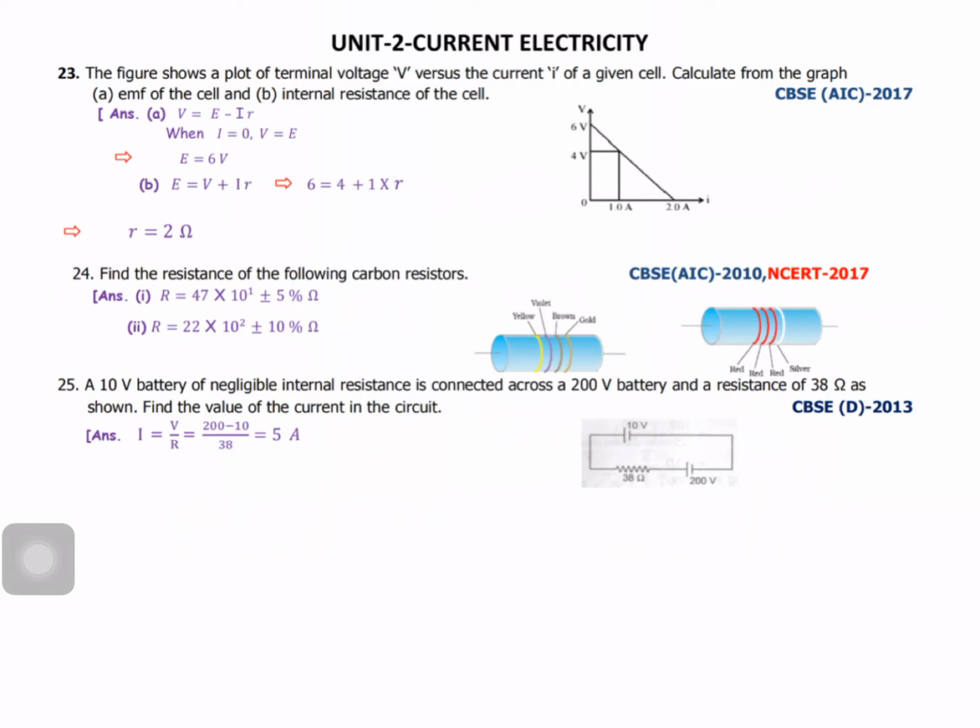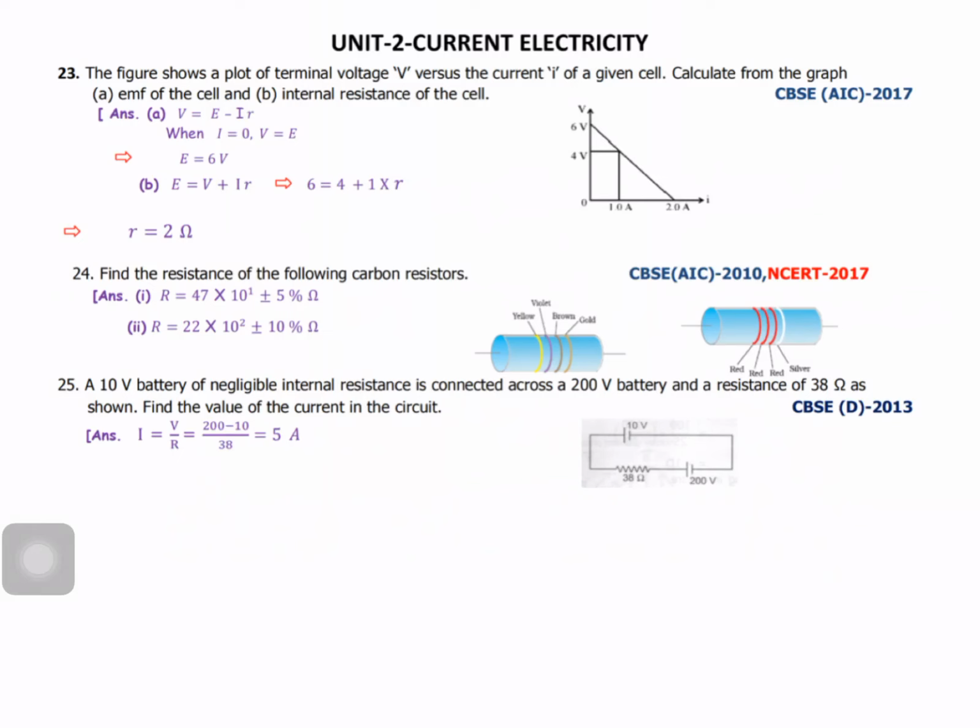Yellow corresponds to 4, violet corresponds to 7, and brown corresponds to 1. The third band gives the number of zeros, so 1 means 10 power 1, that is 47 into 10 power 1. Gold means plus or minus 5%. So it is 47 into 10 power 1 ohm plus or minus 5%.